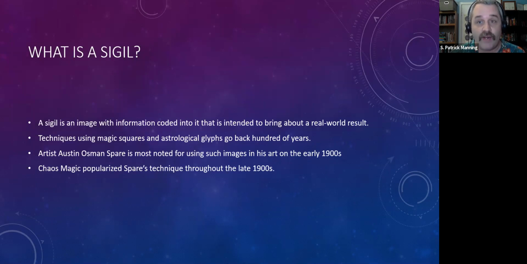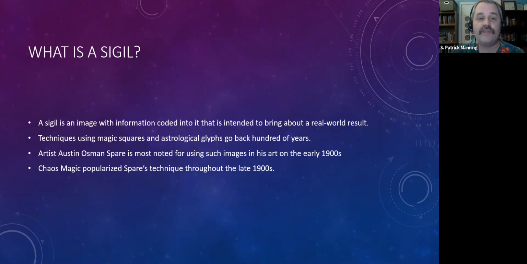And then we have more modern techniques. Most of what people refer to as sigil magic was pioneered by an artist known as Austin Osman Spare. He wrote a lot of esoteric and some occult material, and he incorporated that into his art.